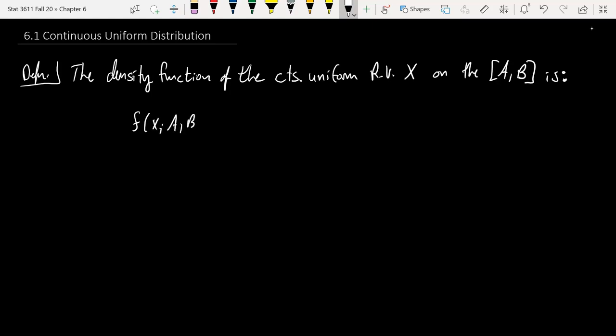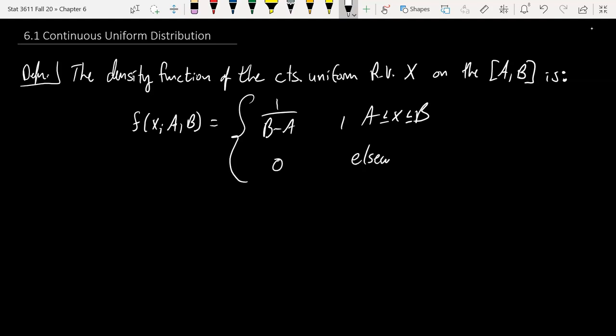The parameters go from A to B. This is equal to 1 over B minus A when x is between A and B, and 0 elsewhere.